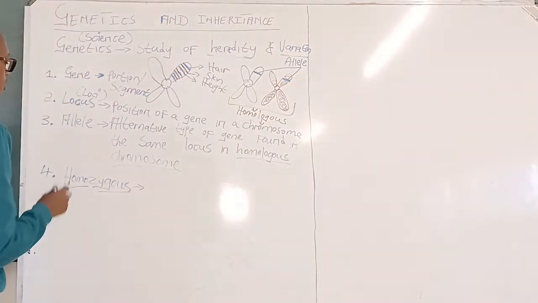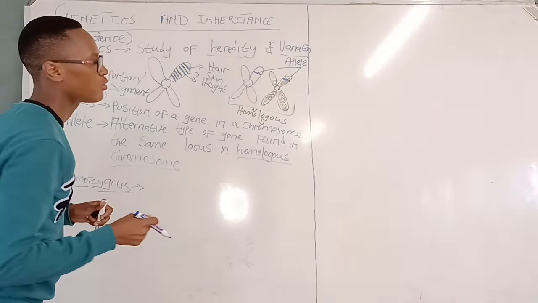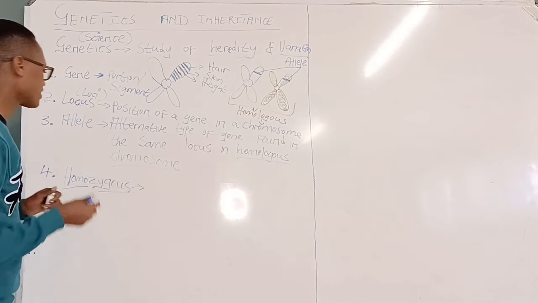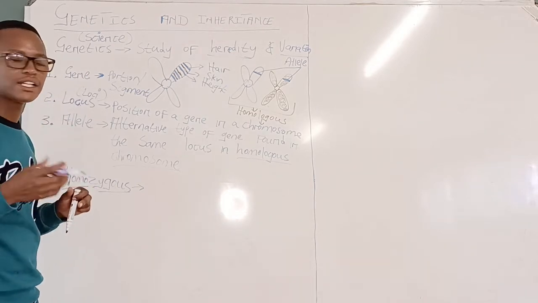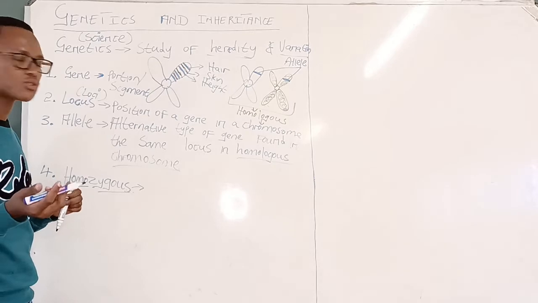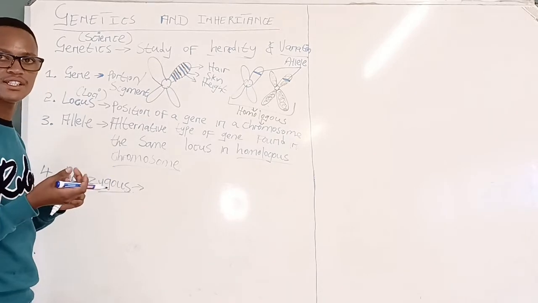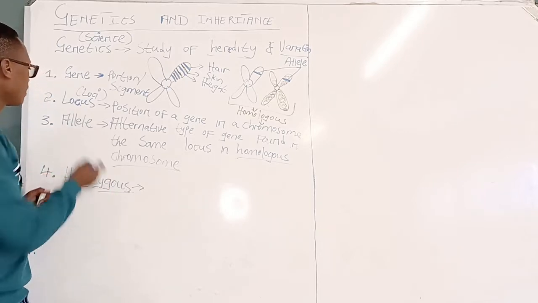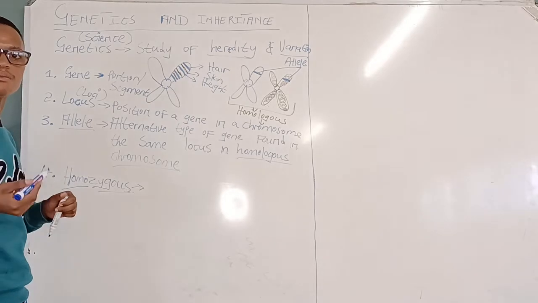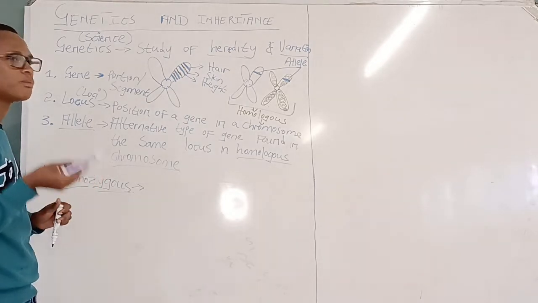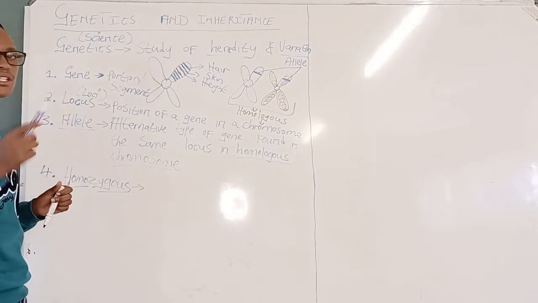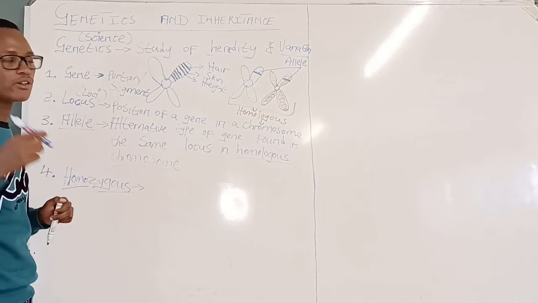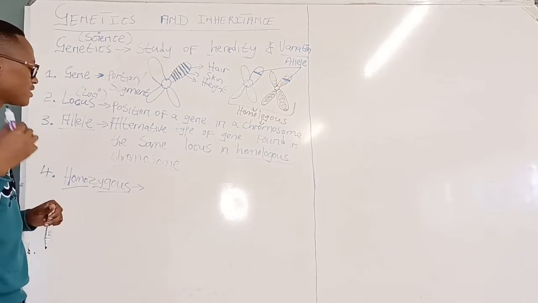So homozygous is a condition whereby an organism has the same alleles that code for the same characteristic. It means these alleles must be the same. It must not be that one is dominant and the other recessive. All of them must be dominant so that they can be a pure breed, or they must all be recessive.